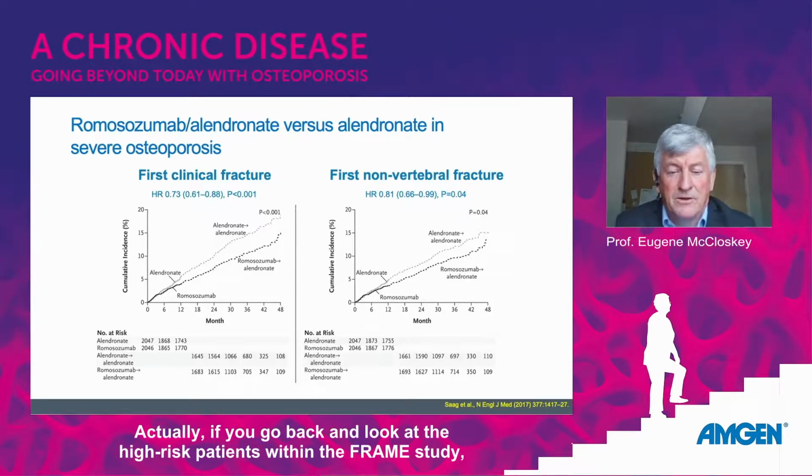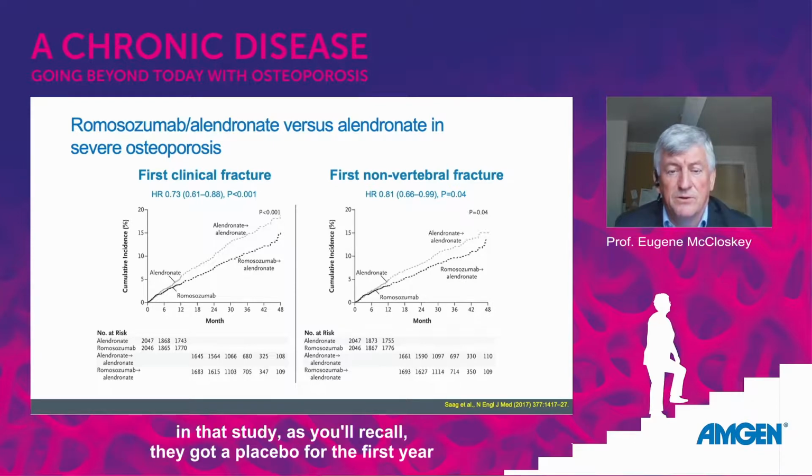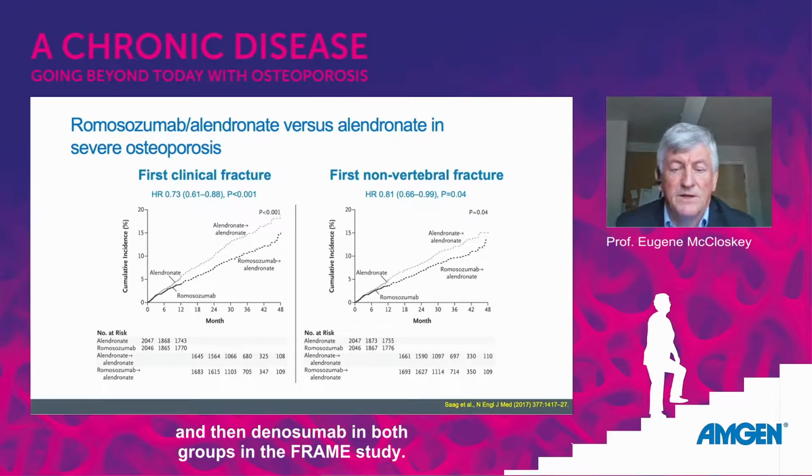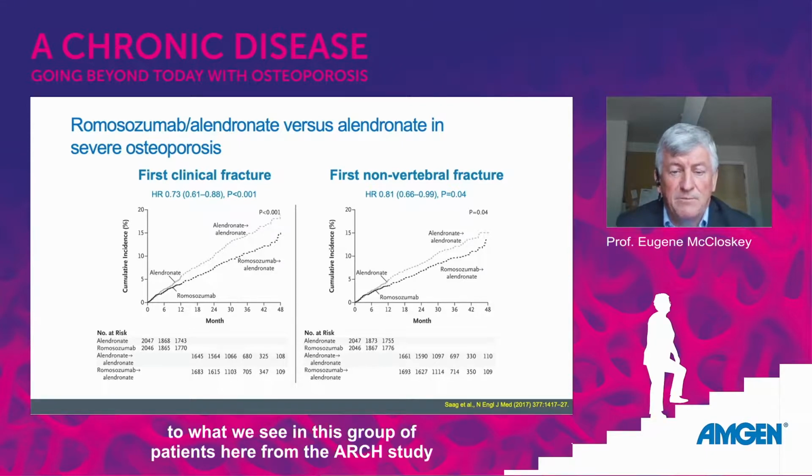Actually, if you go back and look at the high-risk patients within the FRAME study, in that study, as you'll recall, they got placebo for the first year and then denosumab in both groups. But you see fairly similar outcomes to what we see in this group of patients here from the ARCH study, who all had severe osteoporosis and were at increased risk of fracture.